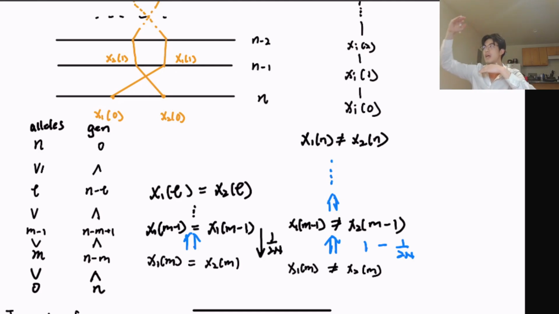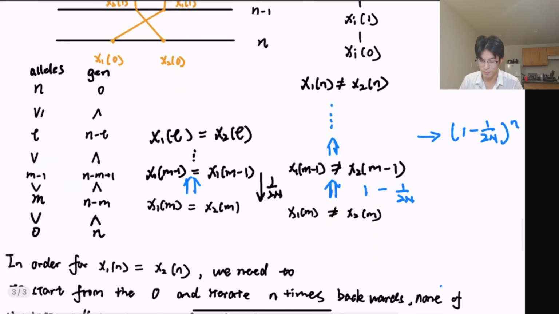Remember, if we go one step backward, the probability of having different parents is 1 minus 1 over 2n, that is, 1 minus the probability that we have two identical parents. If we keep iterating backwards, all the way from 0 to n, we iterate n times. So the probability of going all the way backwards is (1 minus 1 over 2n) to the nth power.